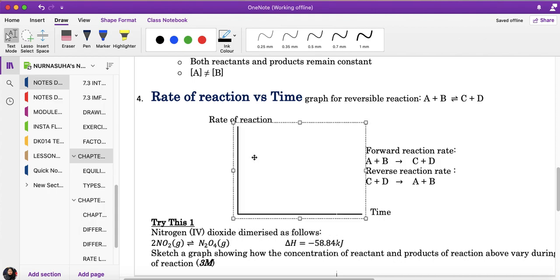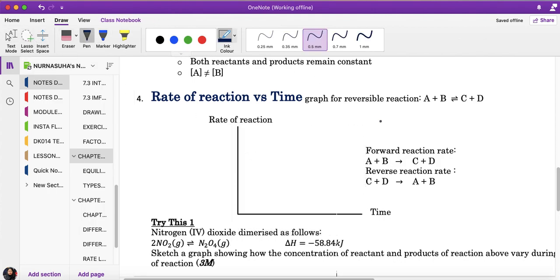Bawa sikit graf ni. Okay. Next is graph of rate of reaction versus time. Okay. Reaction yang dibagi kat sini yang ni ya. Kita fokus this reaction. Okay. So as I mentioned before, once equilibrium has achieved, rate of forward is equals to rate of reverse reaction.